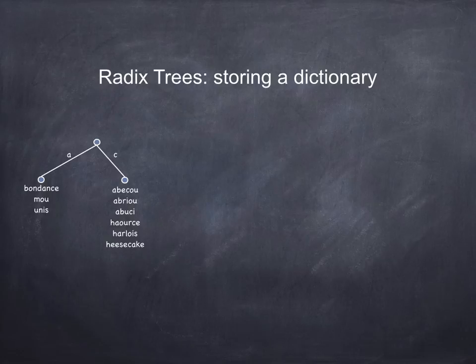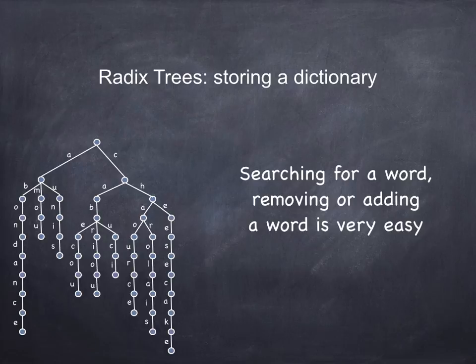So we proceed recursively. And we get a tree that we call a Radix tree, of course, because all the common prefixes of the words are gathered together and stored only once. Of course, if you follow the labels between the root and the leaf of the tree, the sequence of labels will reconstitute one of the words of the dictionary.